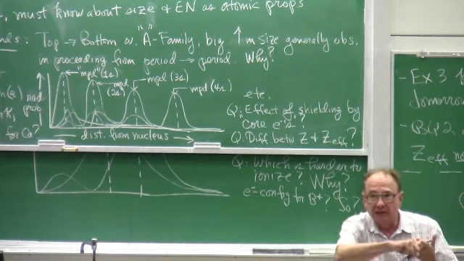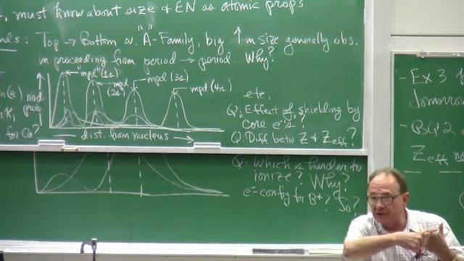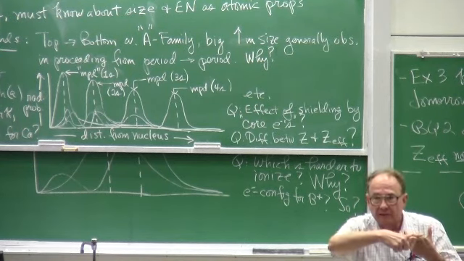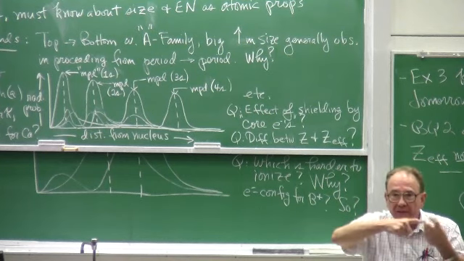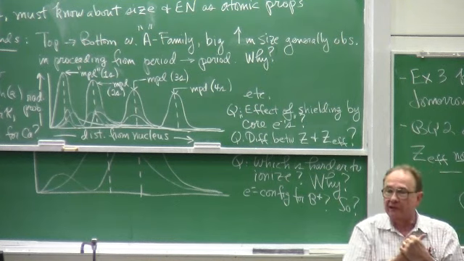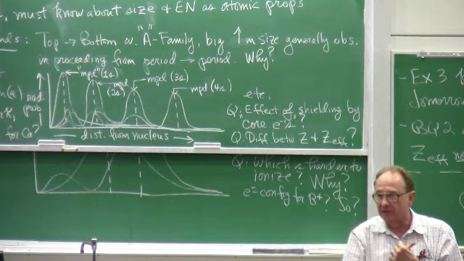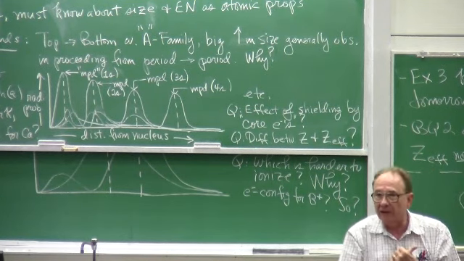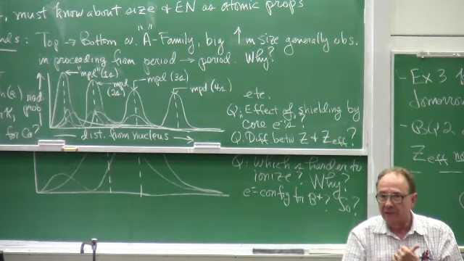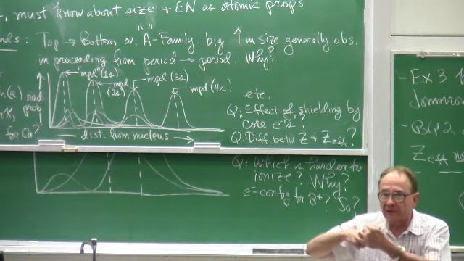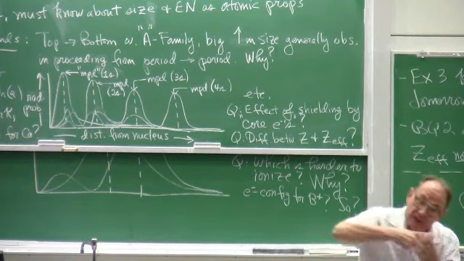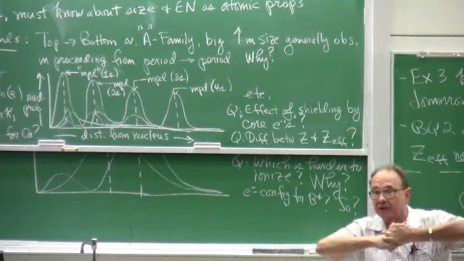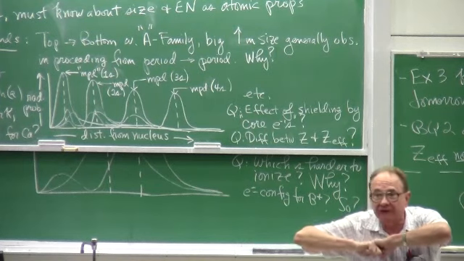Shielding, did you hear about shielding? Penetration, you hear about penetration? Penetration is a measure of the ability of a particular electron to get through electrons that are closer to the nucleus than the electron in question. Well, if this electron we're talking about cannot effectively penetrate through these inside electrons, then the electron we're talking about is effectively shielded.